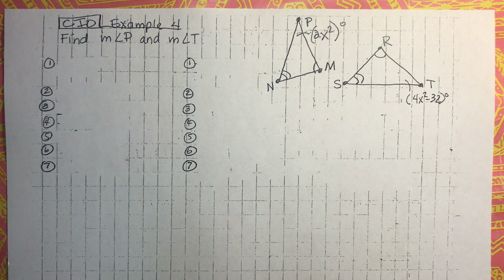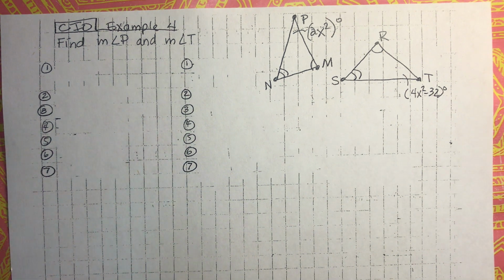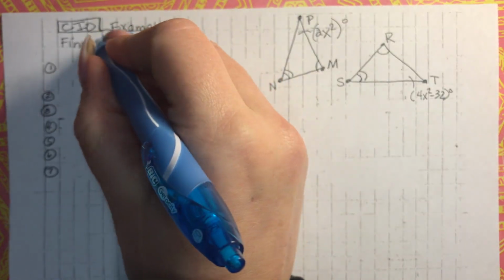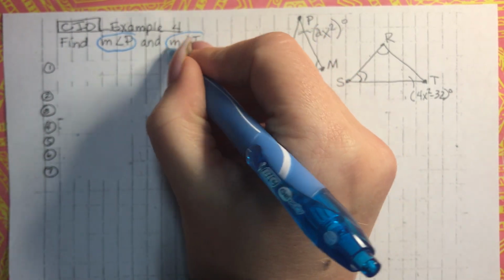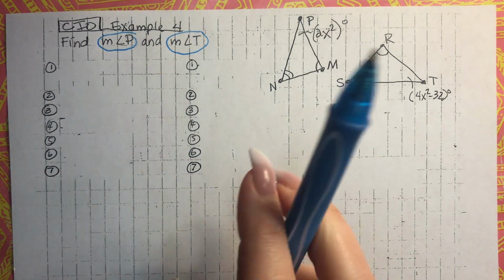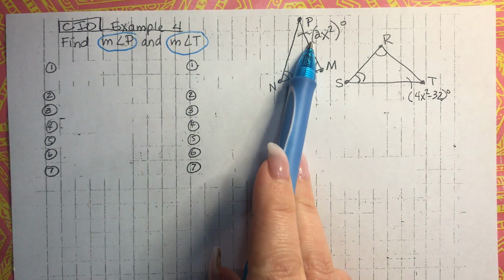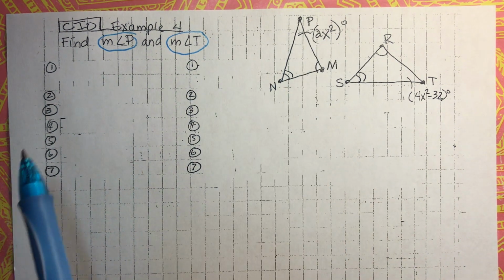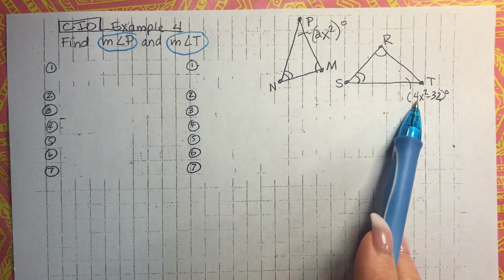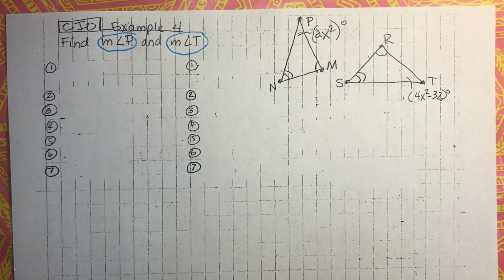All right, let's see how you did. So what are we supposed to do? We're supposed to find the measure of angle P and the measure of angle T. So if you look here, the measure of angle P is 2x squared, and the measure of angle T is 4x squared minus 32. Okay, cool. Let's look at this problem first. I guess maybe we should define our terms, right?